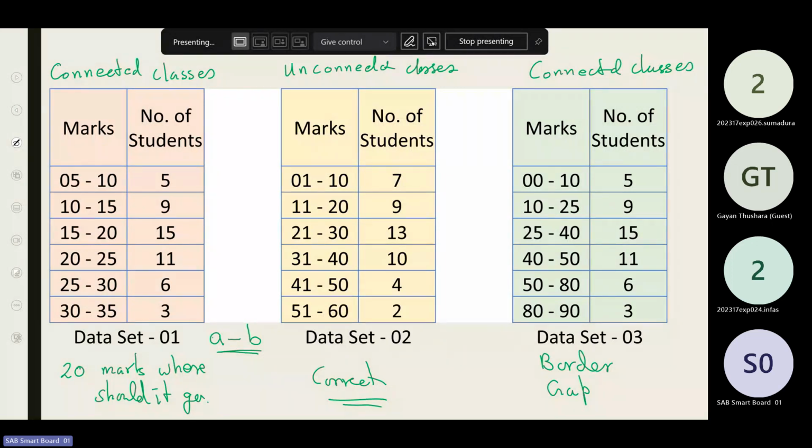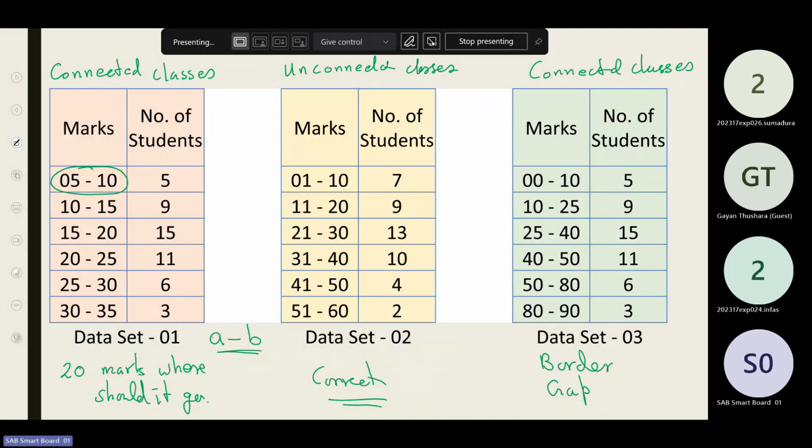If you take the class A to B, this class will contain from A up to B, not B. B will be going into the next class. For example, this class will contain from 5 up to 10, not 10. 10 will be going into the next class.